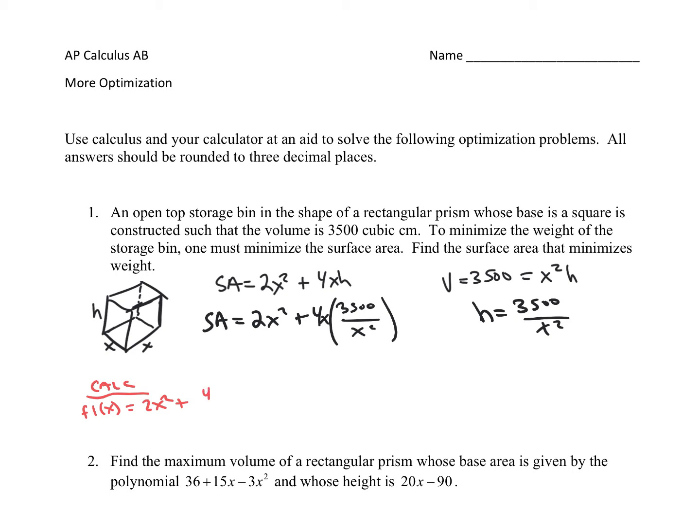You could say 4 times 3,500 over x, since you know that one of those x's is going to cancel. And then go to a calc page, and here's where we've done this a few times. We're going to solve the derivative equal to 0. So on your paper, all you really need to write is SA prime equals 0, and then x equals whatever answer or answers we get.